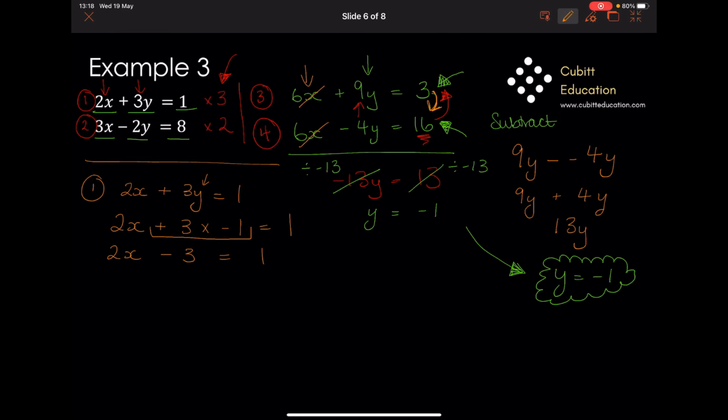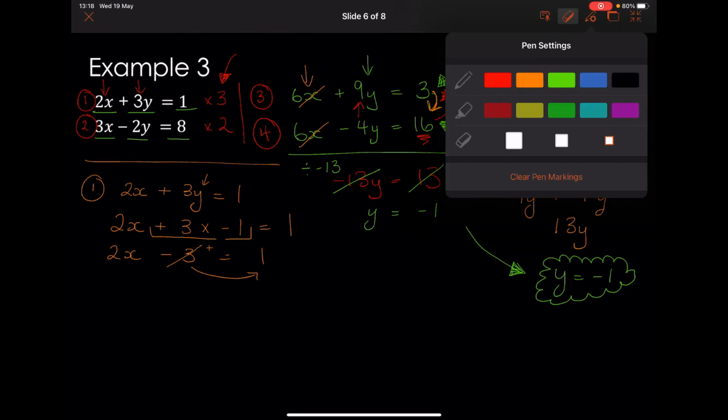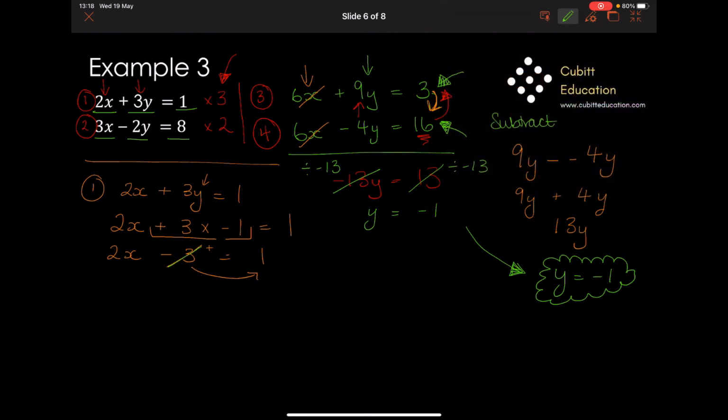We just need to rearrange the equation now to find x. So I'm going to add 3, in a different colour so that it doesn't look confusing.